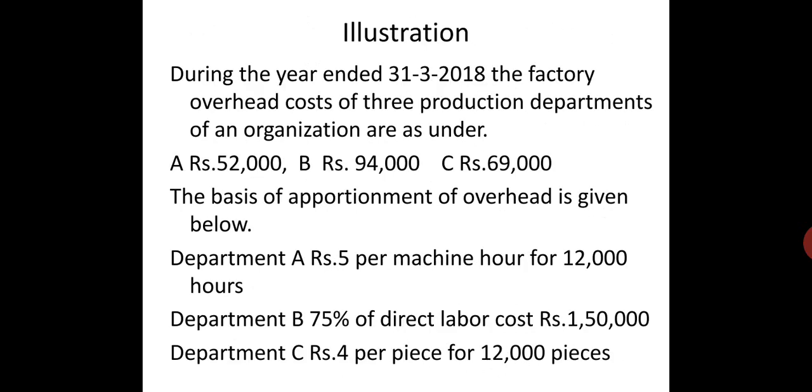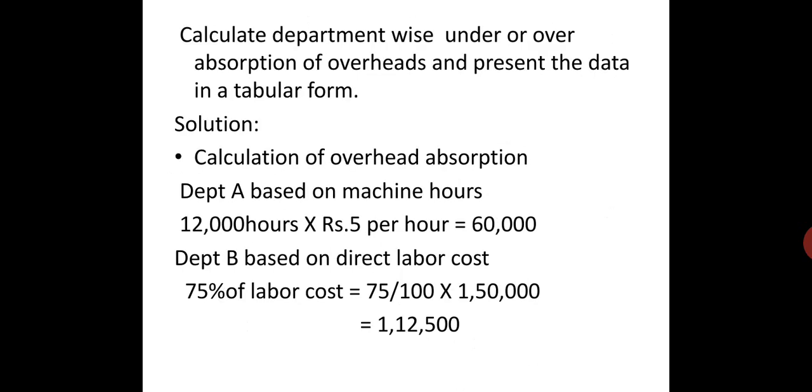In this, for department A, the overheads are absorbed on the basis of machine hour rate. For B, it is labor cost. So, in this problem, the overhead absorption for department A, based on machine hours, is 12,000 hours into rupees 5 per hour, that is 60,000.